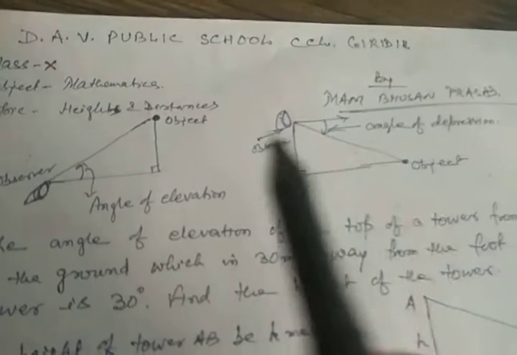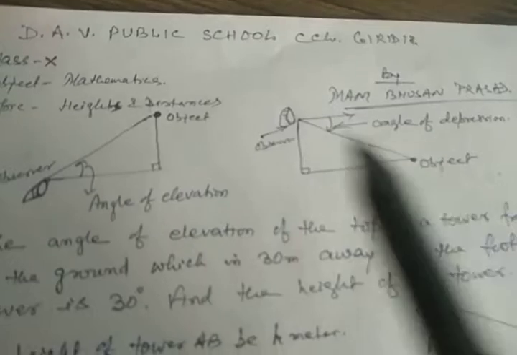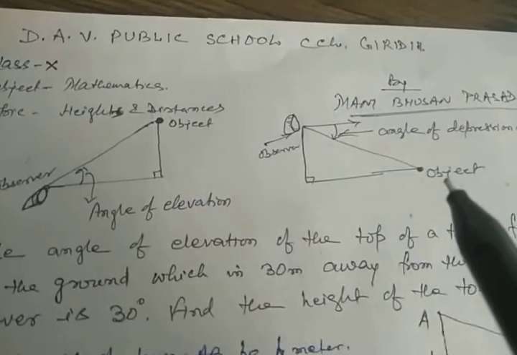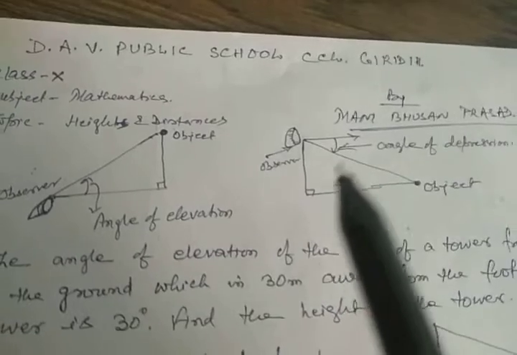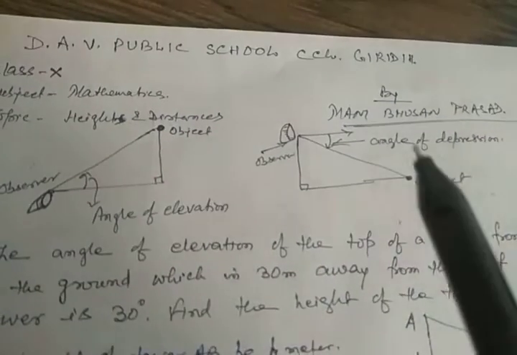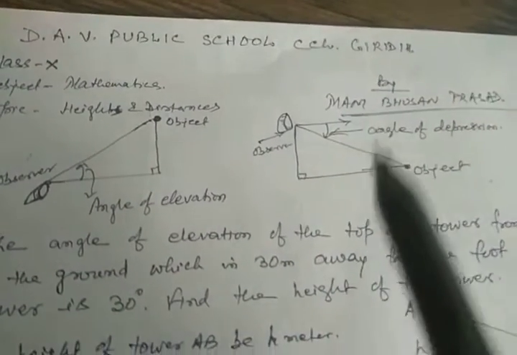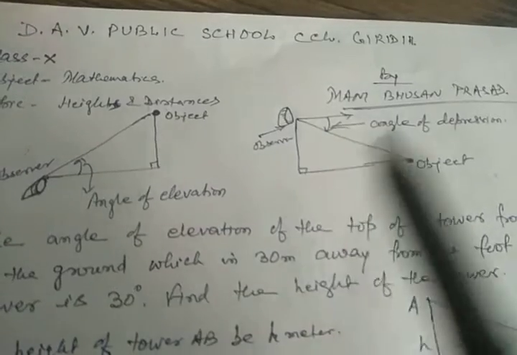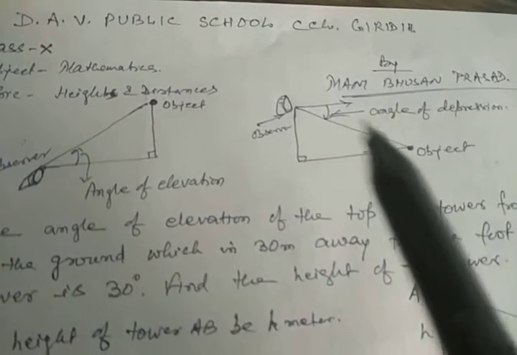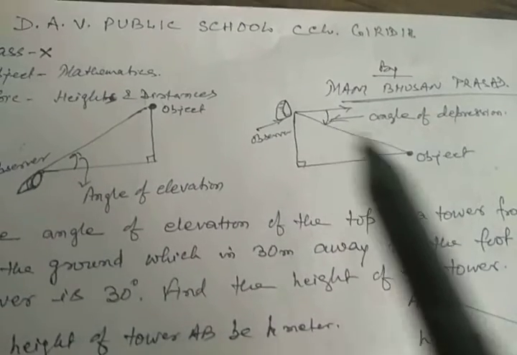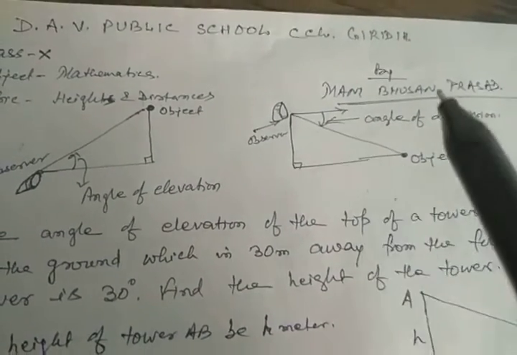I mean when you see downwards, the angle of depression is formed. Now, numerically, both angles will be equal. As you know very well, these two lines will be parallel and these two angles are alternate angles, so alternate angles are equal in the case of parallel lines.